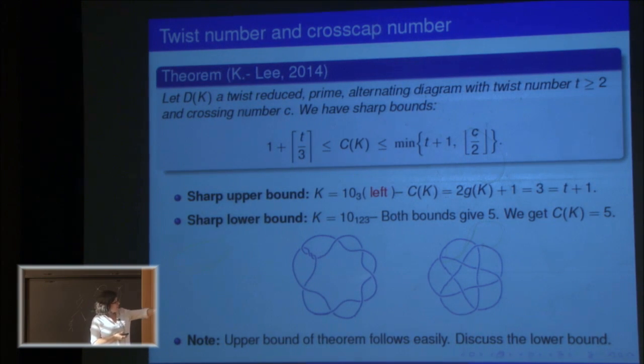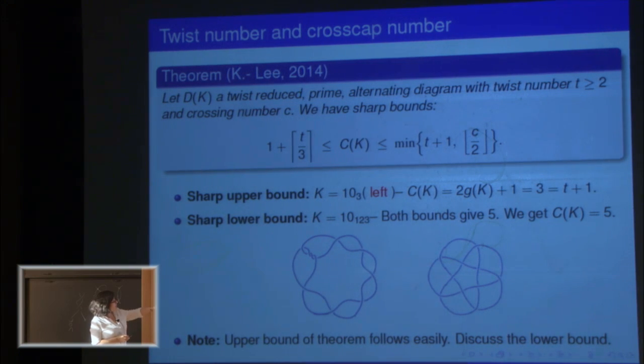And then the right example, in this particular case, all my twist regions are single crossings.